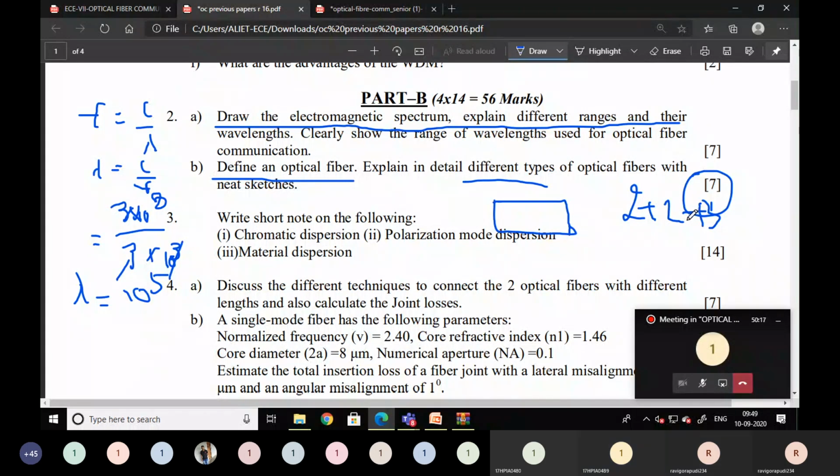84. 82 came, 82 is here. 78. 71, 72. 96.